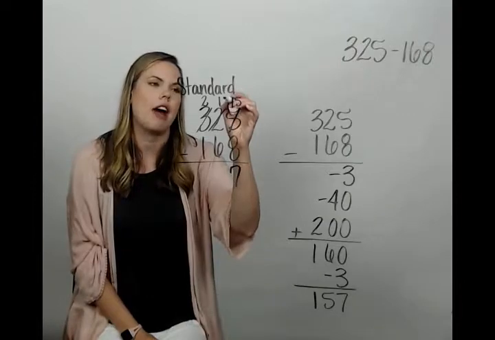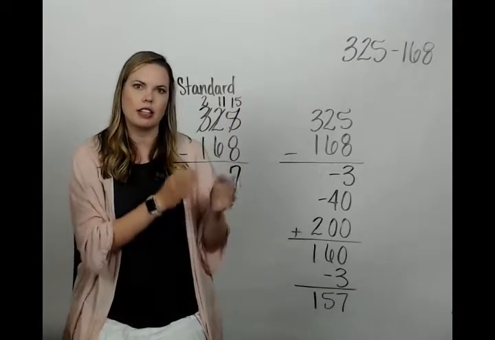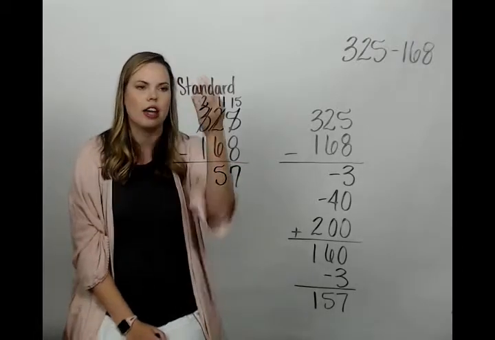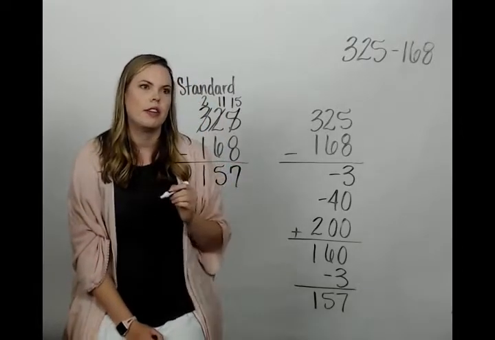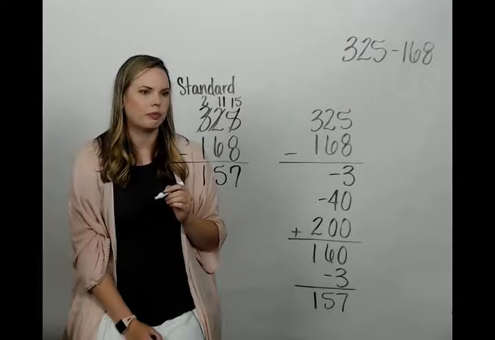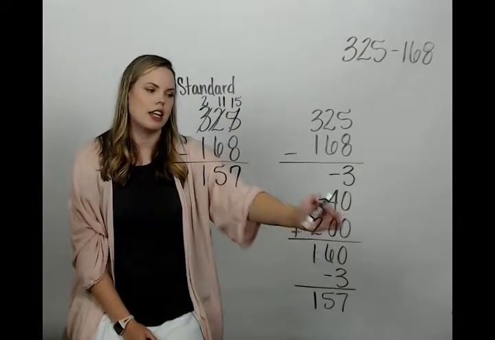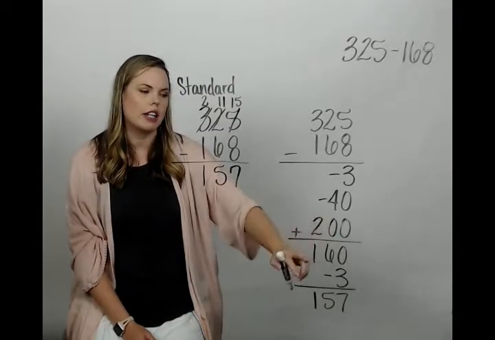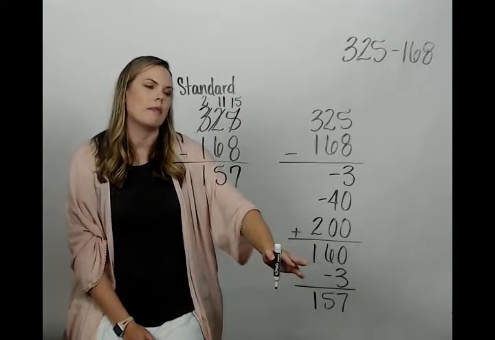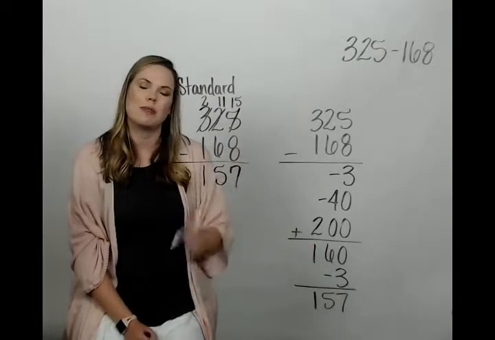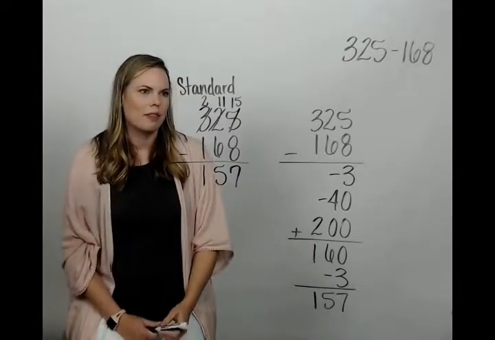So now I have 11 tens, 11 minus 6 is 5. I'm able to do that, and then 2 minus 1. So that's our standard. This just takes care of it kind of at the end. It is taking that 200 and breaking it down to the 1. Hopefully you can see the connection between the two.